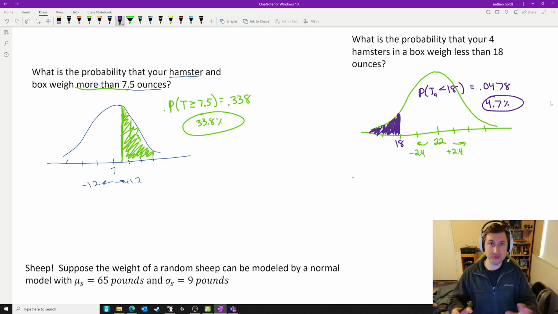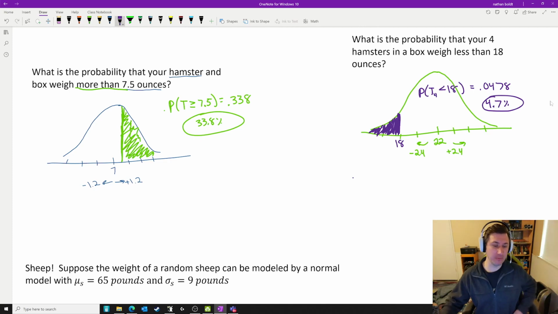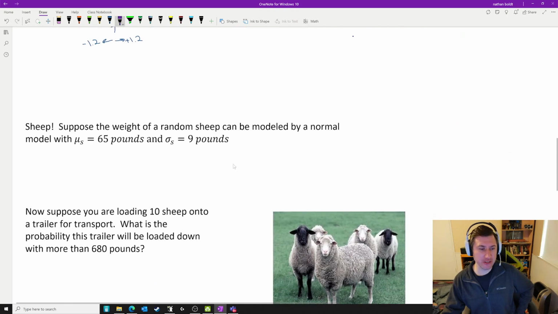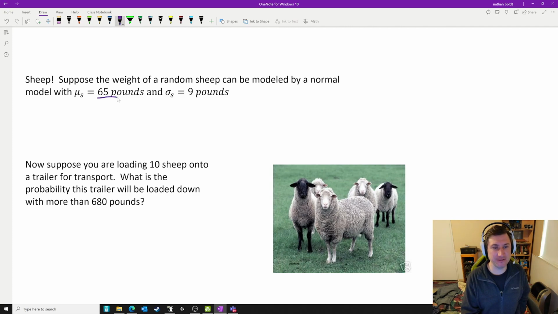Let's do one more together here. So again, we're looking at the difference between transforming and combining random variables. This one's about sheep. Suppose the weight of a random sheep can be modeled by a normal model with mu sub s of 65 and the standard deviation of 9 pounds.